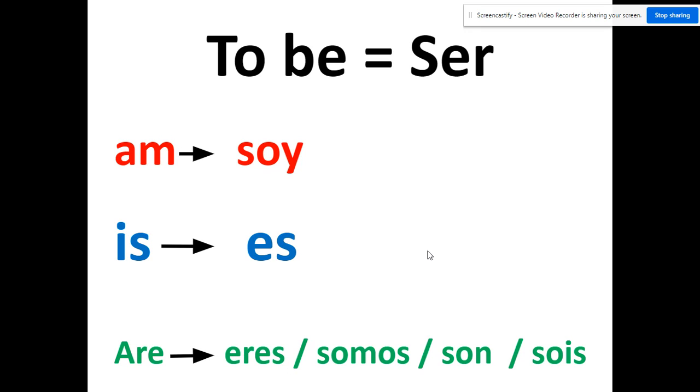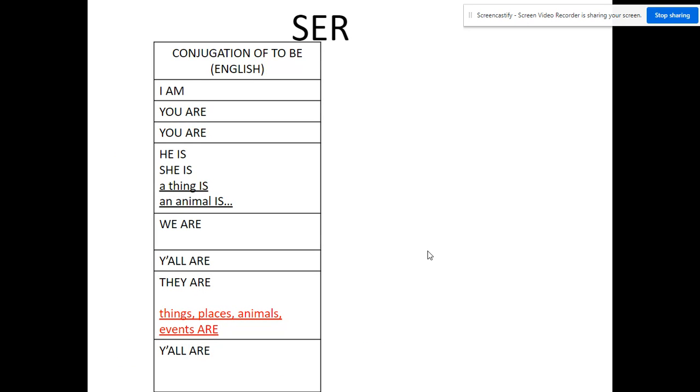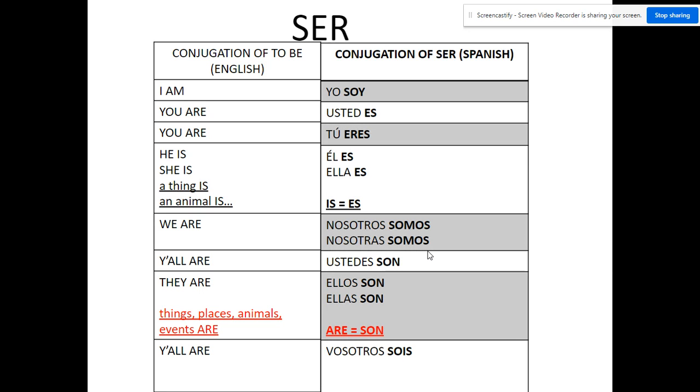They all go with one subject pronoun. Let's check. If you're going to say I am, then in Spanish, it is yo soy. That is the correct conjugation of ser that matches the person yo.